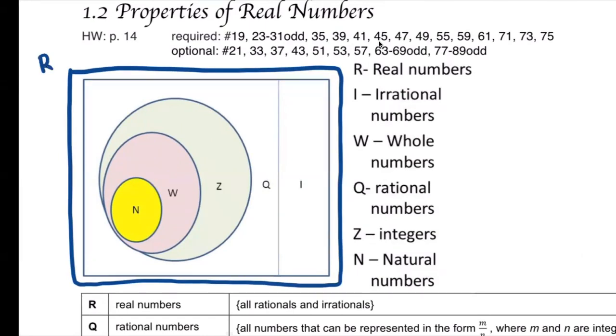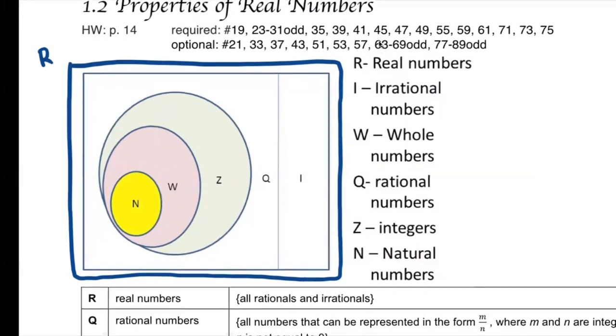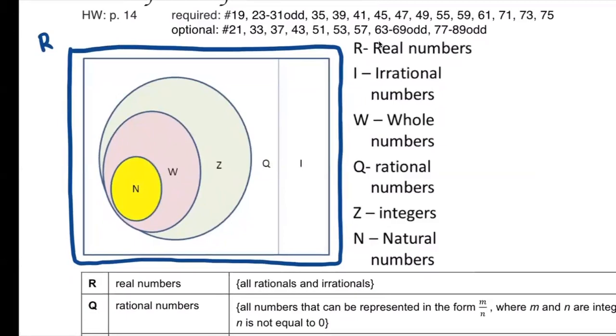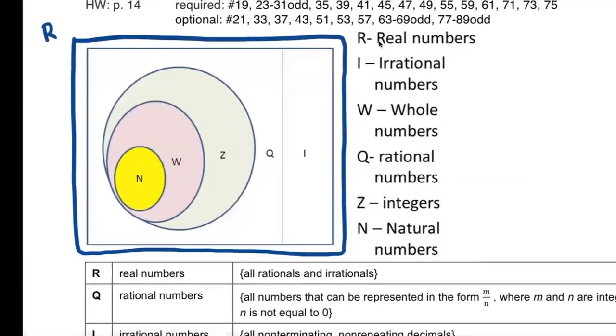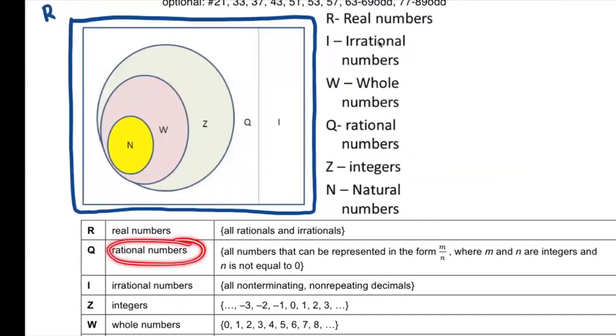Real numbers are basically any numbers you can think of: positive, negative, zero, decimals, fractions, radicals, any of it. It's all under real numbers. And within the umbrella of real numbers, there are two subcategories, the irrational numbers and the rational numbers.